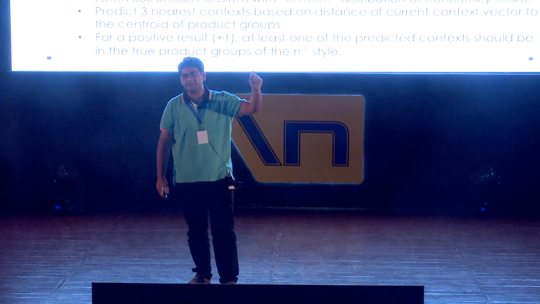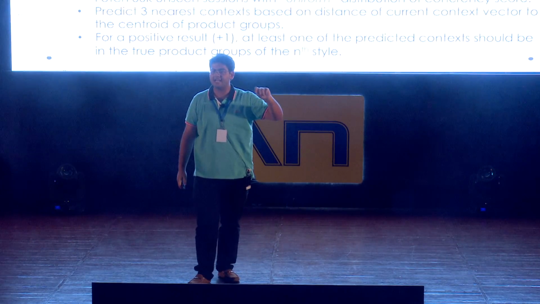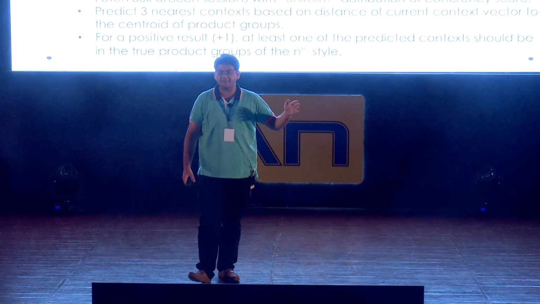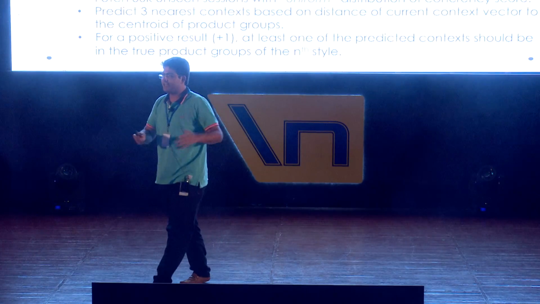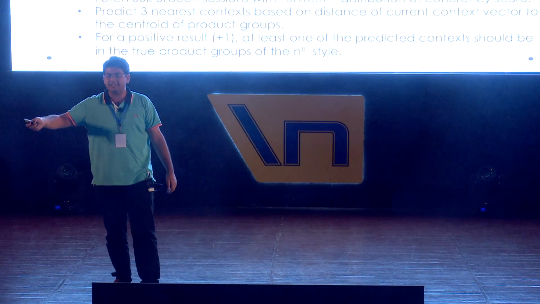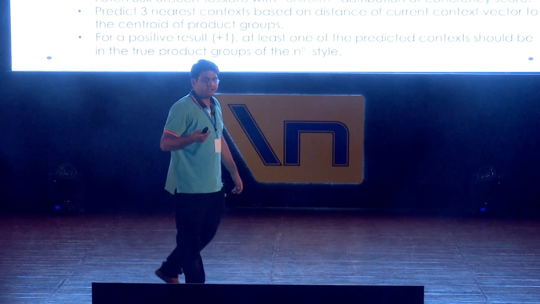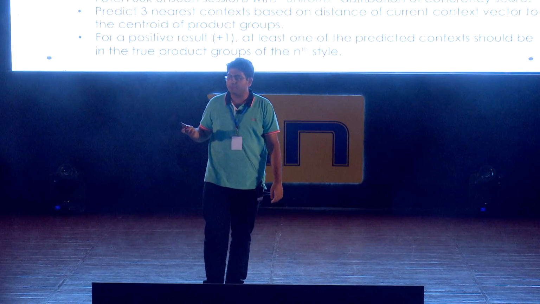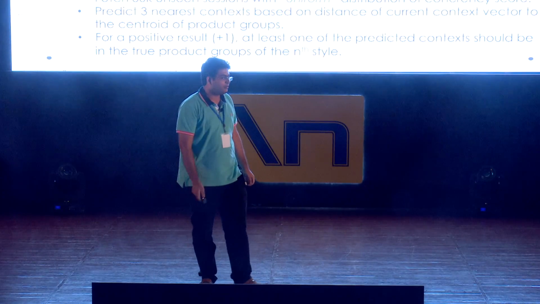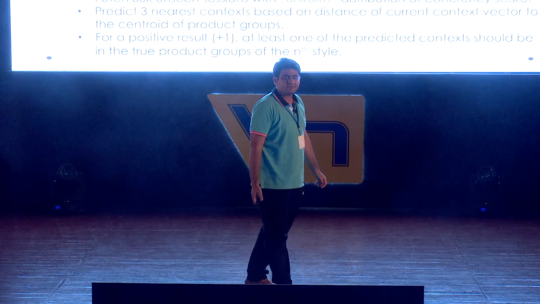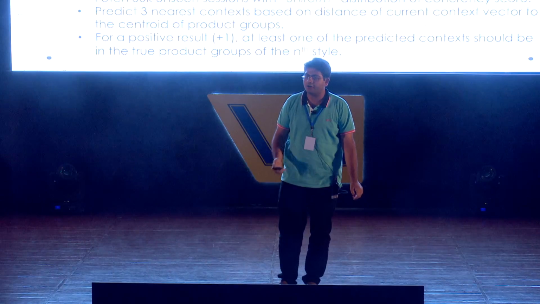We took the first n-1 styles that the user has been browsing. We took the product groups of the first n-1 styles and tried to predict what essentially the user will be doing next, right? And of course, this sort of an experiment should be done as a function of coherency score, because it's quite likely that we'll be performing well for coherent sessions, but might not have a good accuracy for the noisy sessions.